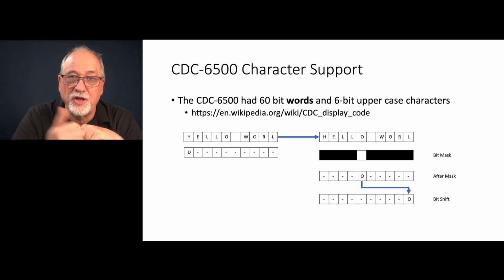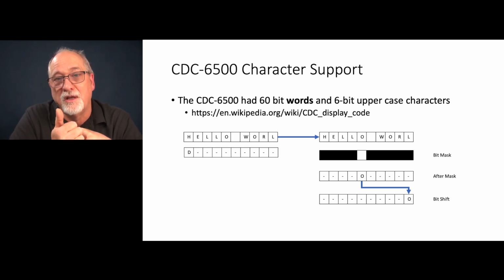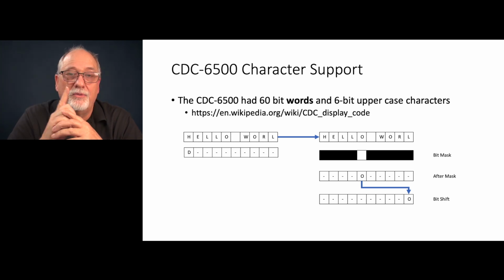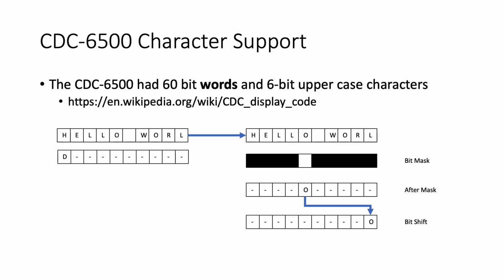Then you would have to shift it, because there were 10 characters, so you had to shift it 5 characters to the right, and then you would have the letter O in the bottom 6 bits of that word, and then I could write an if statement. That's how I would say if the 5th character is the letter O.